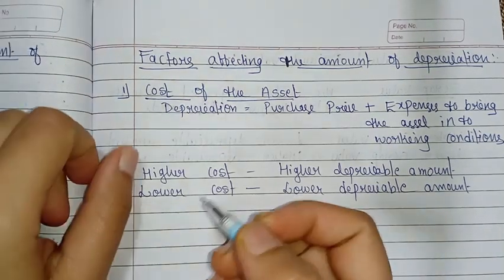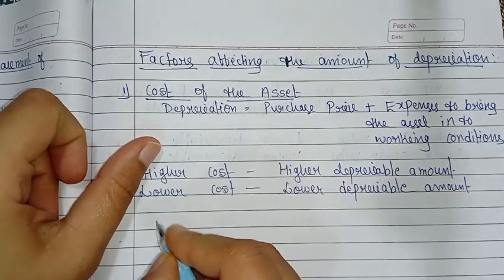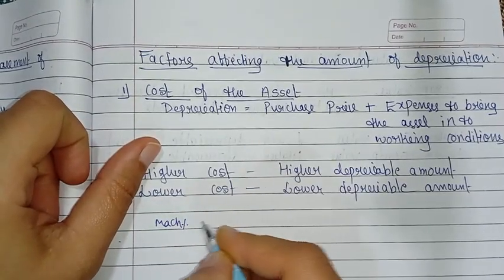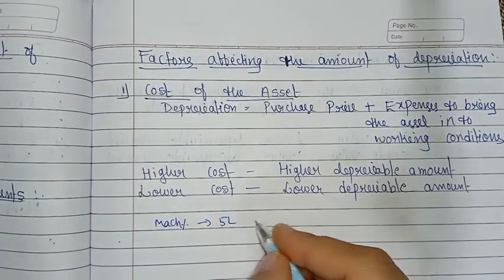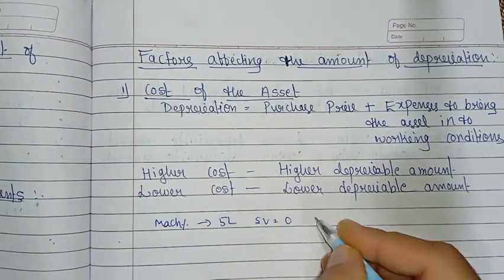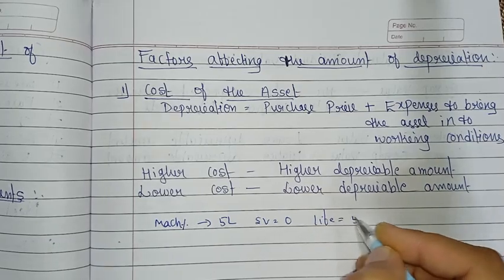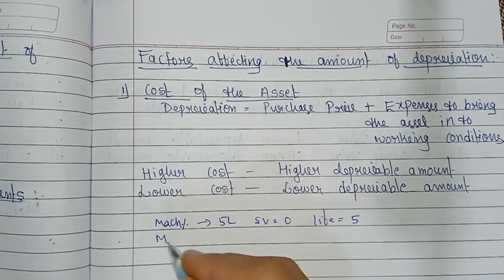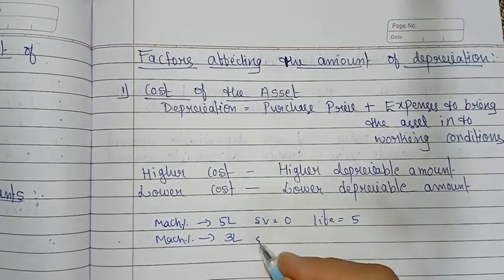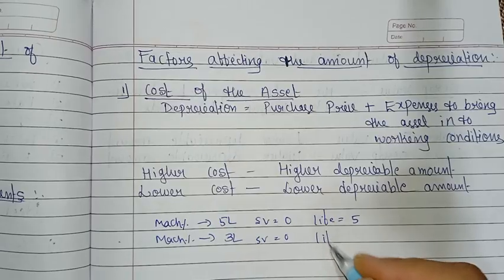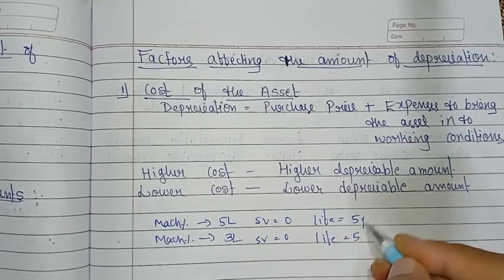For example, a machine costing rupees 5 lakh, with scrap value 0 and life of 5 years. And another machine costing rupees 3 lakh, with scrap value 0 and the same life of 5 years.